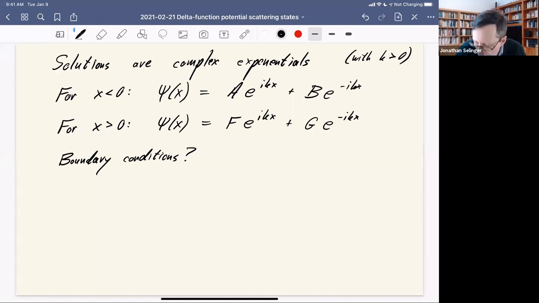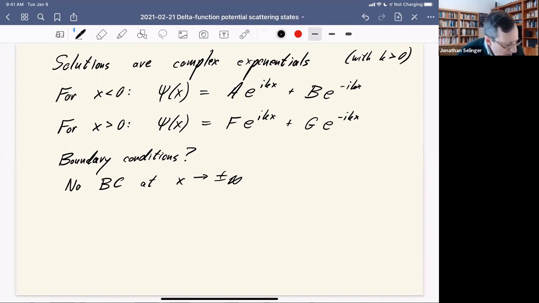So there are no boundary conditions at x equals plus or minus infinity. We don't get any extra information from that.